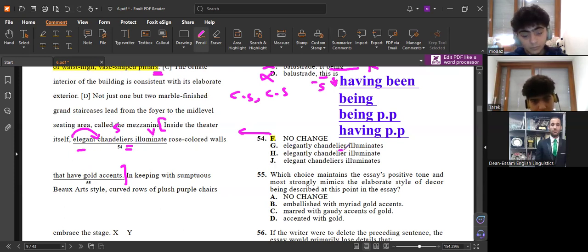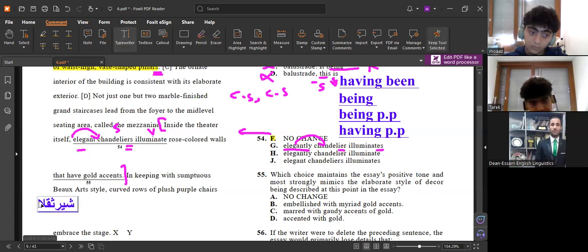So look, singular with singular, correct? But the adverb does not modify the noun. So from now, try to memorize: what is an adverb? An adverb modifies an adjective.